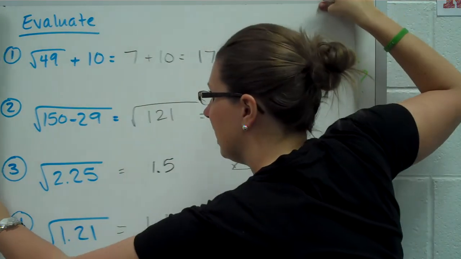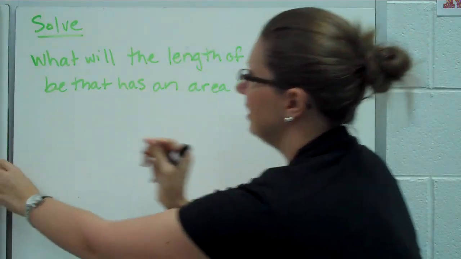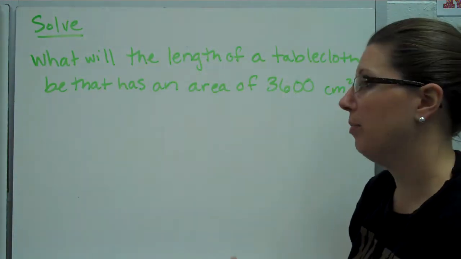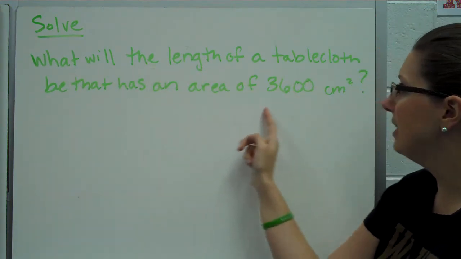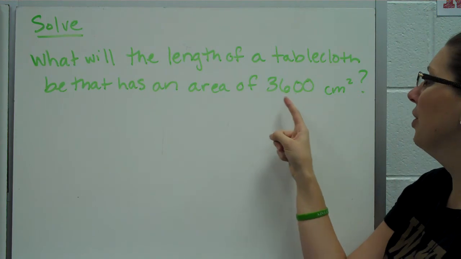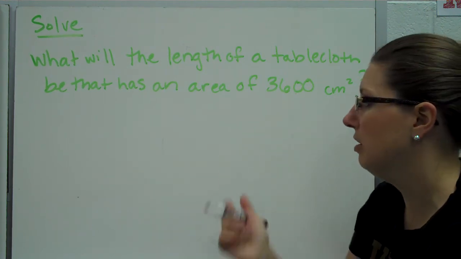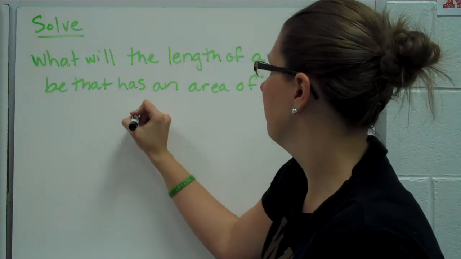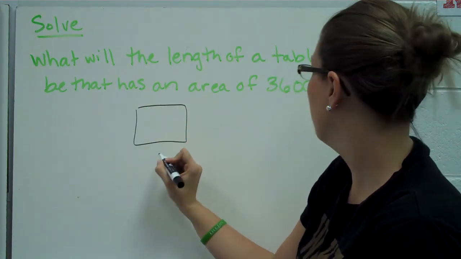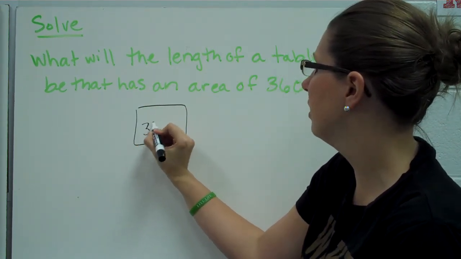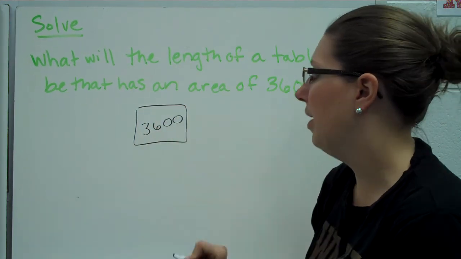All right. And lastly, let's solve this short word problem. What will the length of a tablecloth be that has an area of 3,600 centimeters squared? So if I drew a picture, I've got a square tablecloth and the area is 3,600.